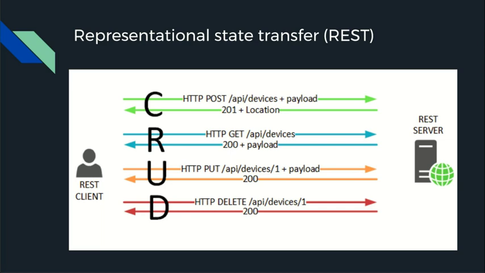If the client wants to update data, he will send an HTTP PUT request and the backend server will process the request, update the data and return the result. If the client wants to delete an entity, it will send an HTTP DELETE request to the API backend server.